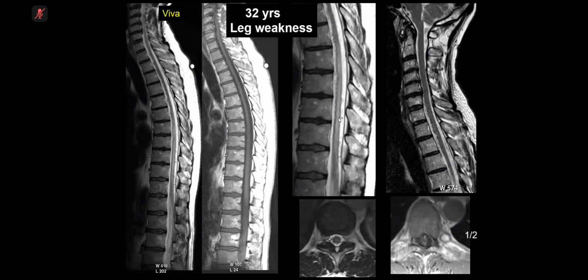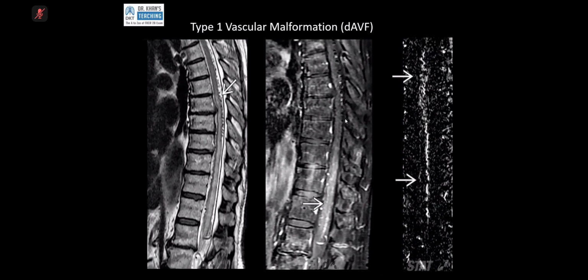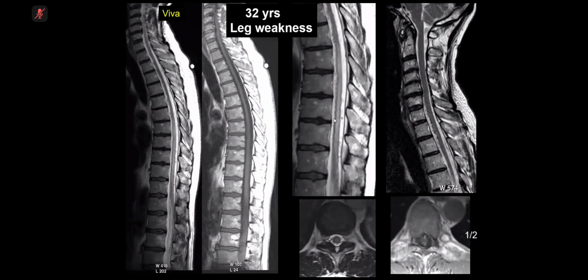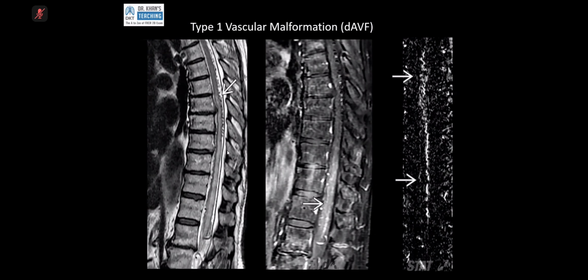And with that, you can see that there is high signal within the cord. So this is another example. From StatDX, this is, I think, my own case, and this is from StatDX. Again, another one where you can see high signal, and then on contrast with fat saturation, we can see these vessels which are quite prominent.